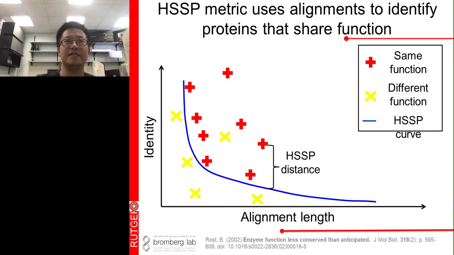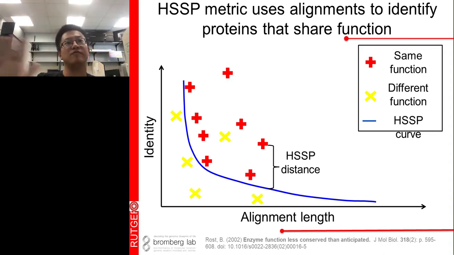The idea is that, first of all, you gather a bunch of proteins whose function annotations are experimentally verified, which means that they are correct and we can believe in them. And then you do pairwise alignment for all of them. So you end up with alignments of proteins of the same function, and you also have alignments of proteins with different functions.